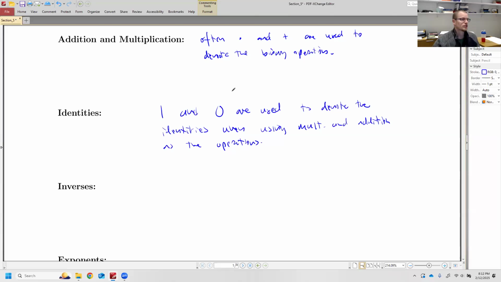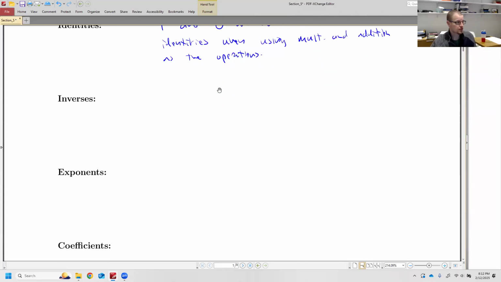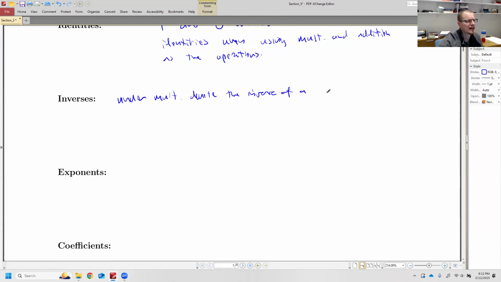With that same idea, we get the notation for inverses. So when we have inverses under multiplication, we denote the inverse of a as a to the negative first power. That's what we do for multiplication and multiplicative inverses. 3 times 3 inverse is equal to 1.